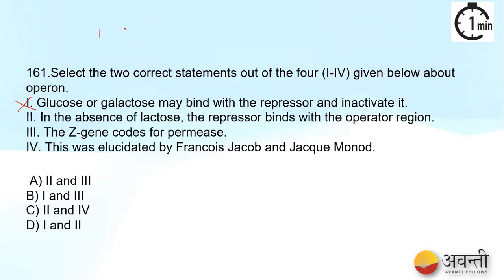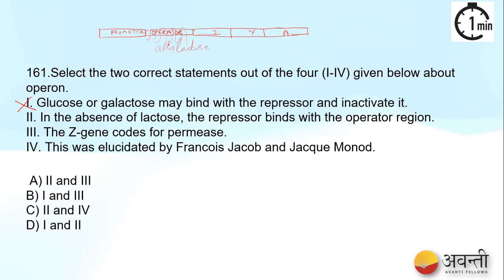If you still have doubt about what we are talking about, this is the Lac-Operon model. This is how the Lac gene looks. This is the promoter, this is the operator, this is Lac Z, Lac Y, and Lac A. Now we know that the promoter operator region is blocked by the repressor.